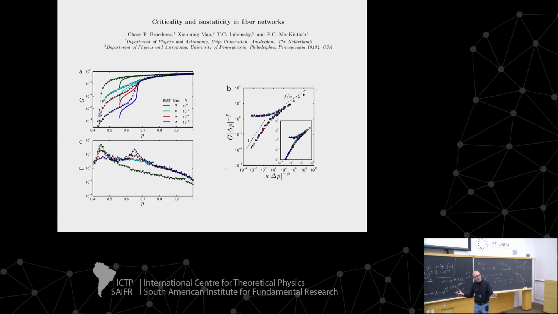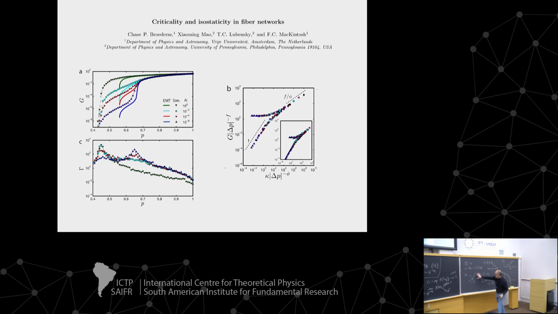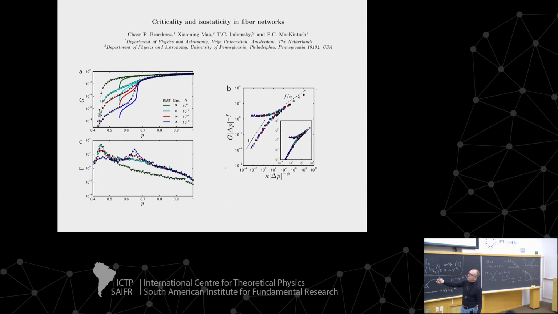This is all linear stability arguments, linear elasticity, as this Maxwell counting argument is. It's limited to linear, infinitesimal strain. Okay, so now to just show you how critical they are, this is a measure of fluctuations. Now what are those fluctuations?